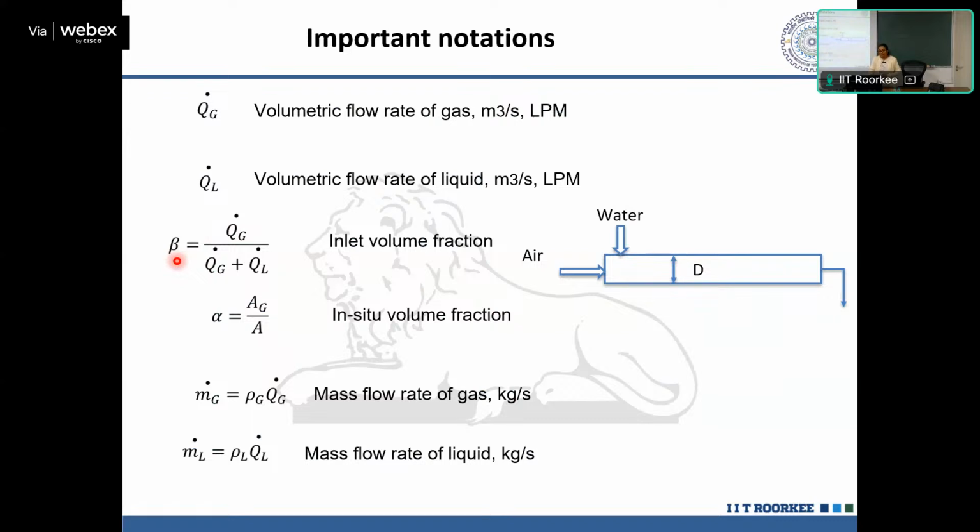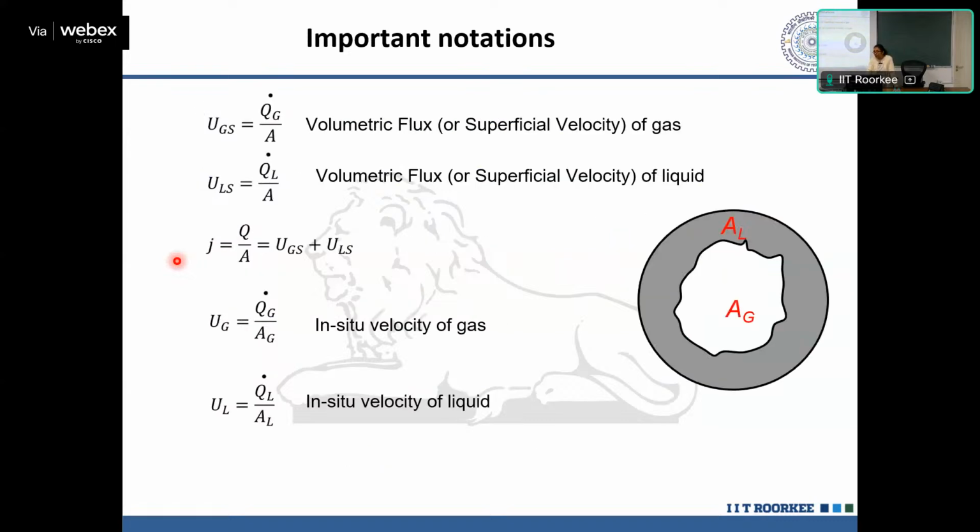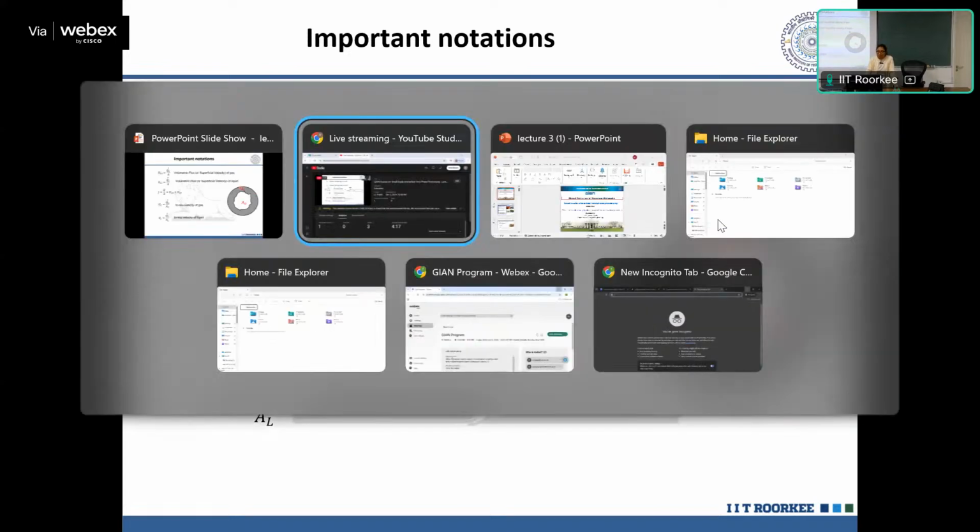Now there is another volume fraction from which very interesting information can be gathered, that is the in situ volume fraction. Suppose this is the cross-sectional view of any flow distribution. Let us assume the slug flow that we observed yesterday.